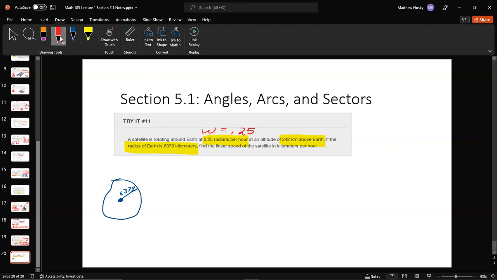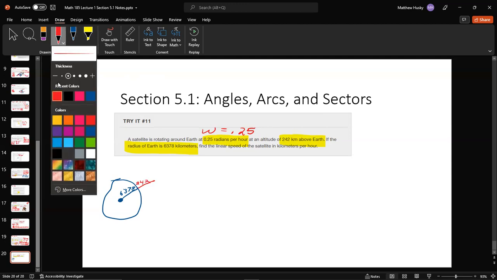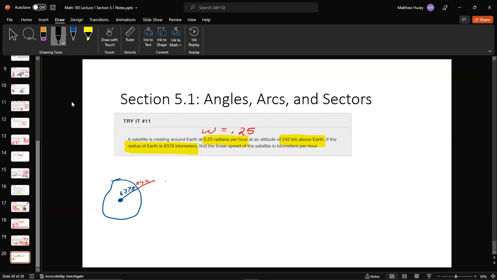And then if we go another 242 kilometers, this drawing is not to scale, just so you know. There's 242. And then when we get out there, we've got a little satellite that's floating around. There you go. There's the satellite.